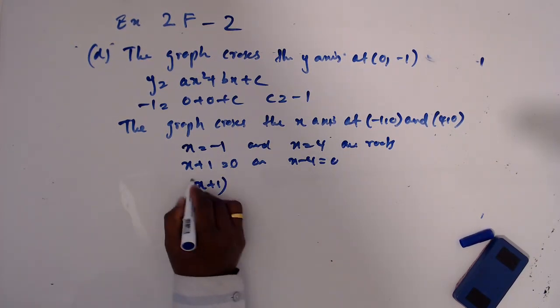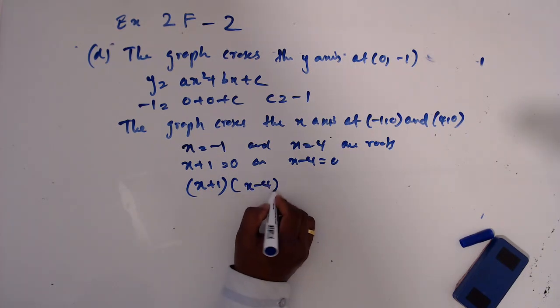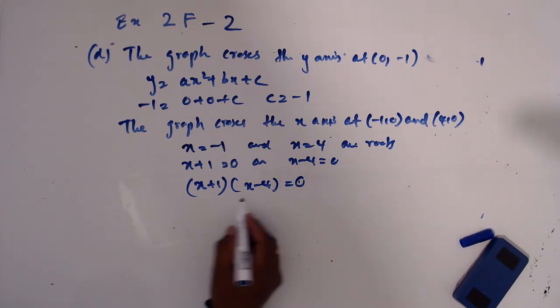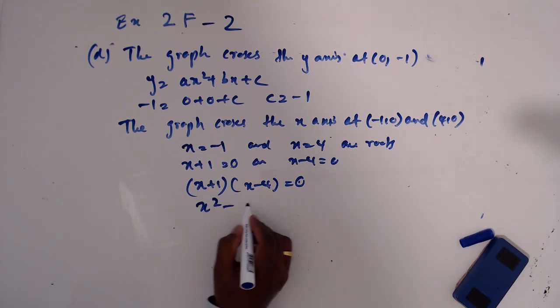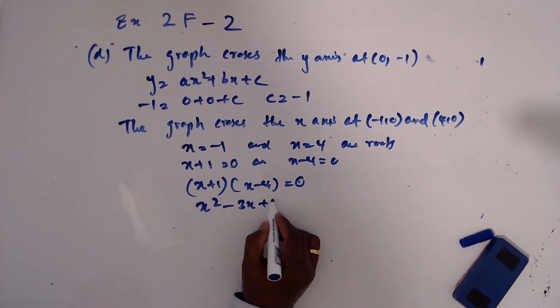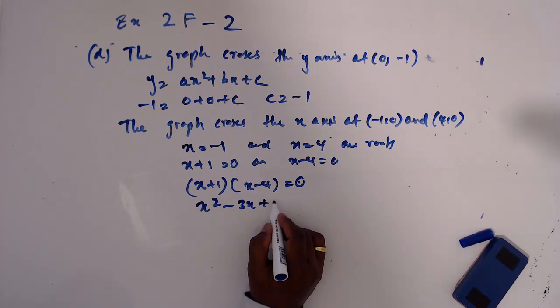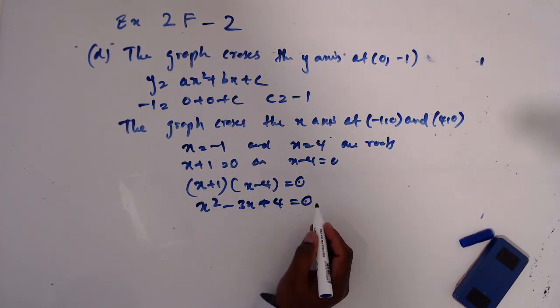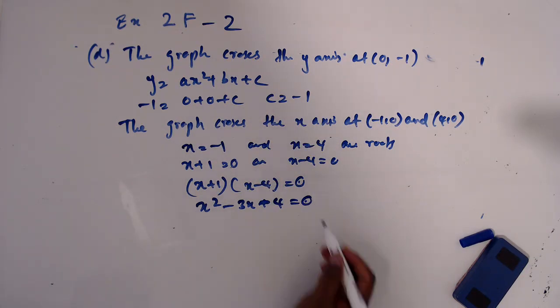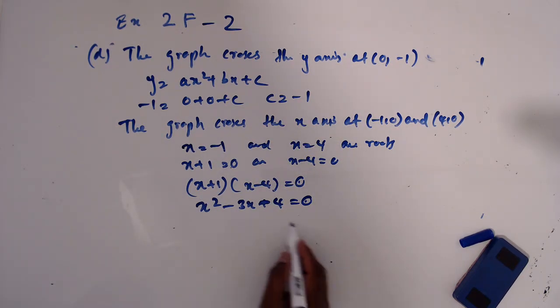So x plus 1 equals 0 and x minus 4 equals 0. So x plus 1 times x minus 4 equal 0. So then this is going to be x square minus 3x minus 4 equals 0. Now see here with the minus 1. So this is minus 4.